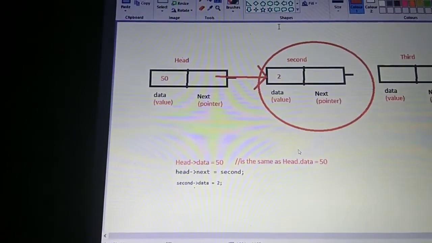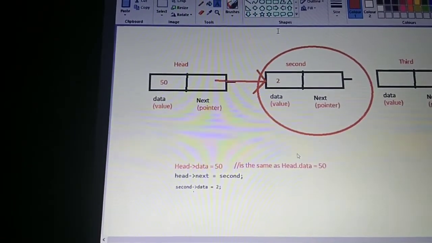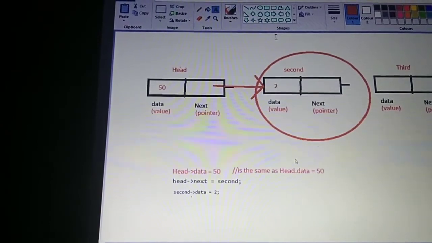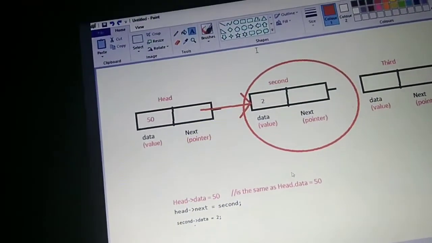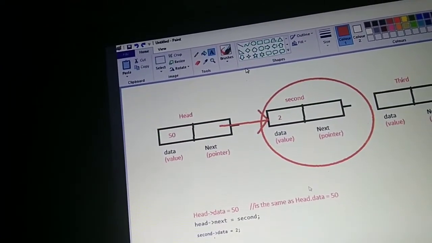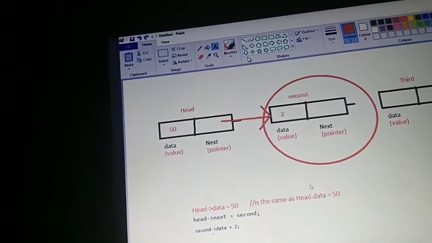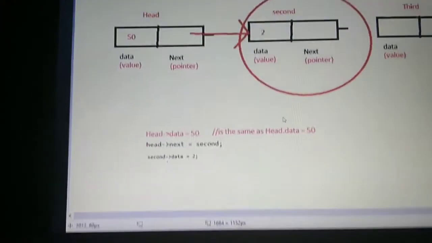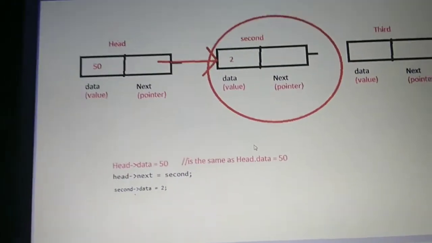Hindi, I mean yung next niya, hindi yung data, yung pointer niya. Mapupunta kasi yung pointers na next natin, ipo-point out niya lang yung second value natin. Okay. Yung second data value.